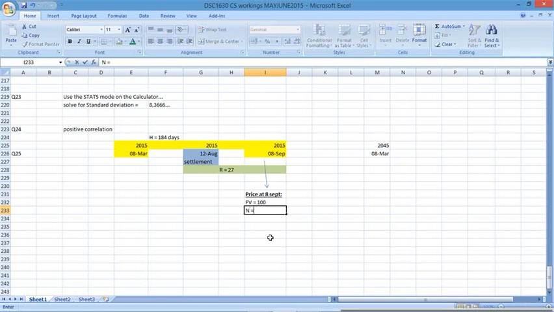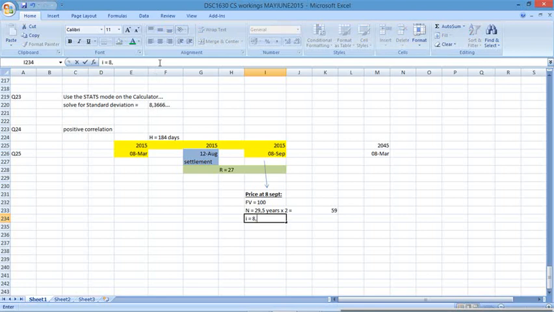N, if I look at the number of years from 8 September to 8 March, 2015 to 2045, you need to calculate the number of years. You'll get 29.5 years, times by 2, because this is semi-annual. So 59 periods.